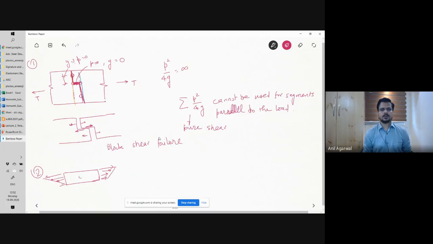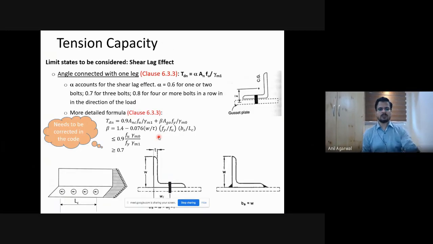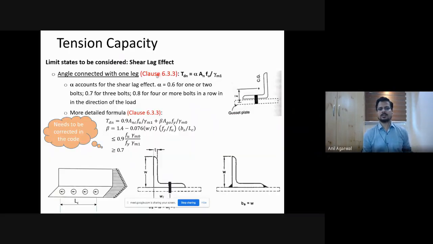Okay. Then I cannot say, because the stresses will be non-uniform, that my net area is this much, as is given by this formula. So first we will take a look at the second limitation, that is your non-uniform stress distribution. And that is also known as shear lag effect.